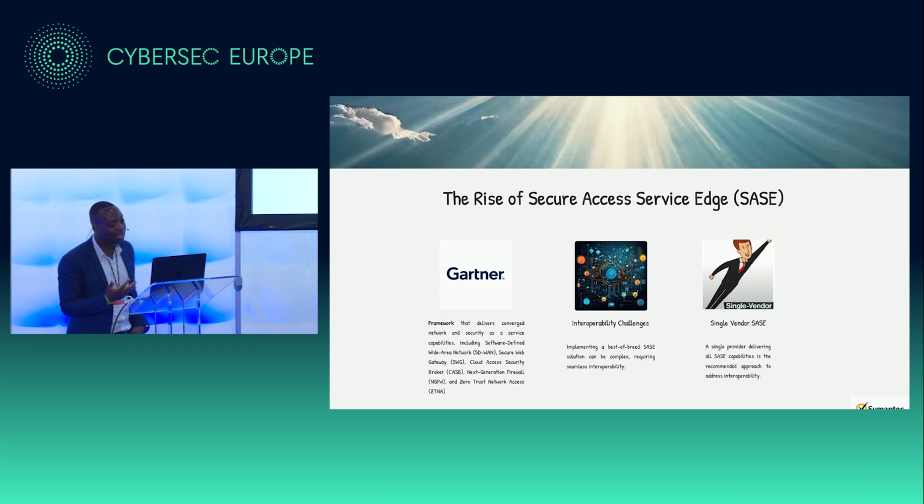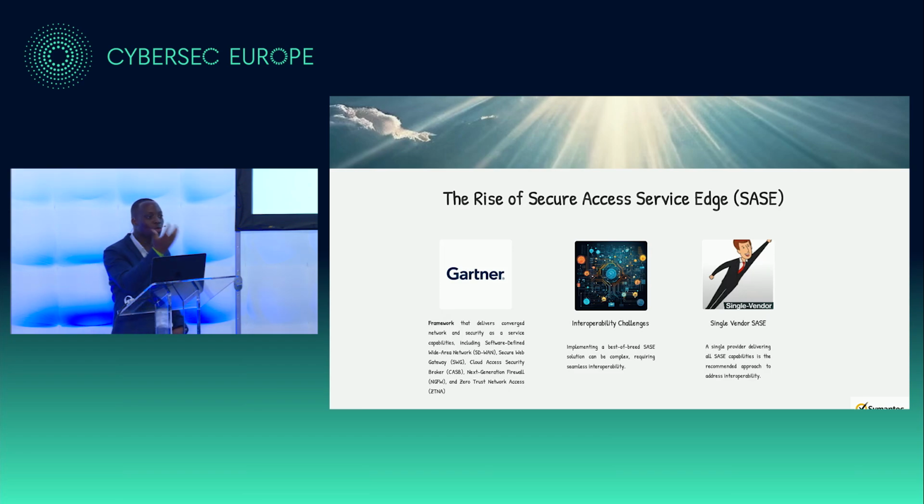And SASE is not about a solution. It's a framework which makes sure that the network component and the security component are working together to make sure that the asset is accessed very quickly, making a better user experience for the user, and also in a secure manner.